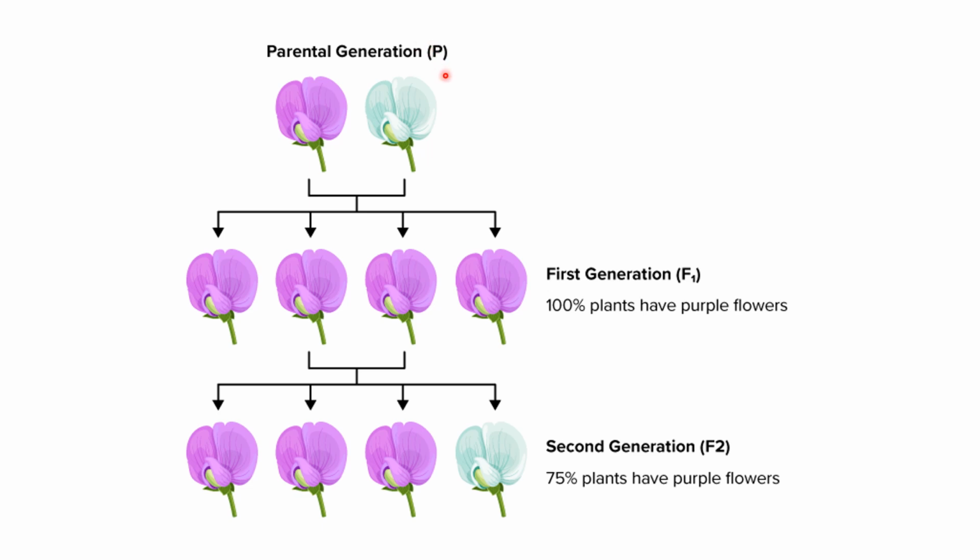So if you see things like P, F1, and F2, you know it's parents, first generation, second generation, and then we can even have F3, which would be third generation, and so on.